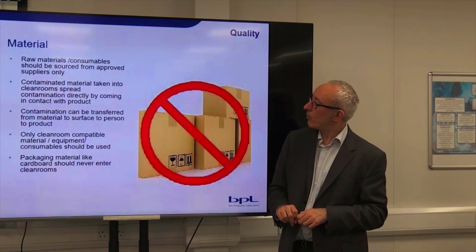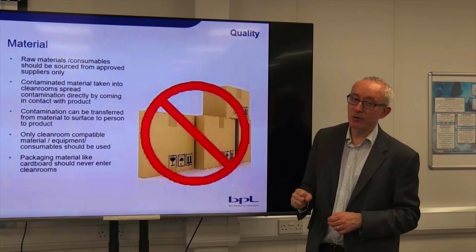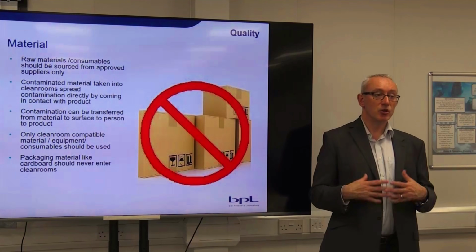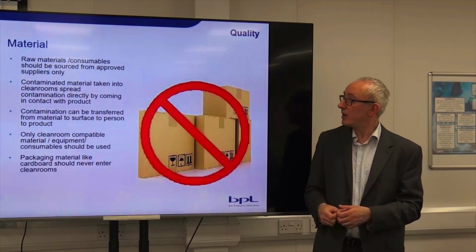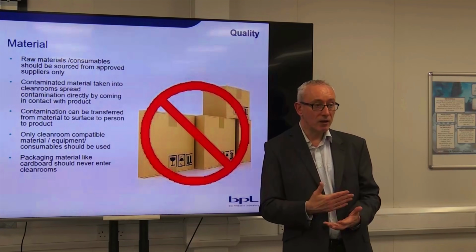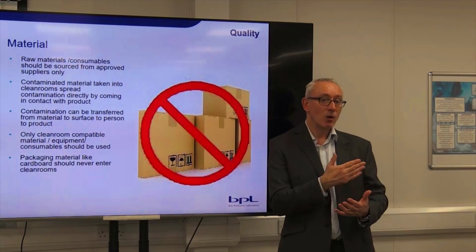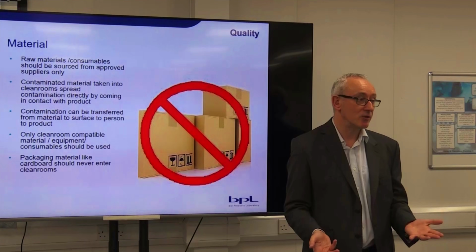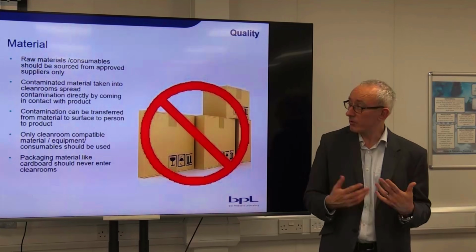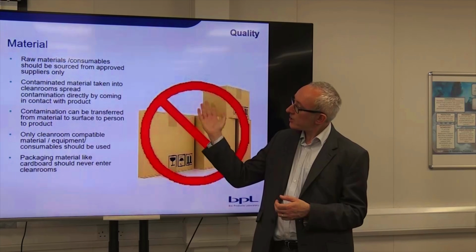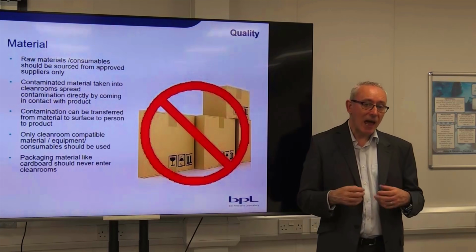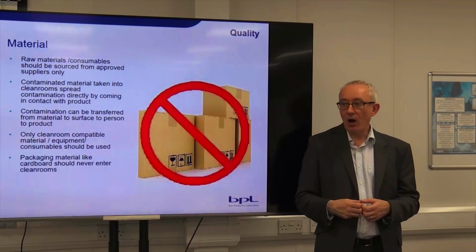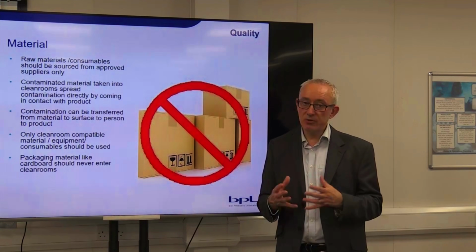Okay, it's also important that we're buying materials of the right quality. This includes consumables, so it might be that the gloves, for example, we're buying are made of a particular standard. We don't want to buy gloves that, if they come into contact with a cleaning solution, can start breaking up. The raw materials, so these are the extra ingredients that go into the product, are also from a suitable source.